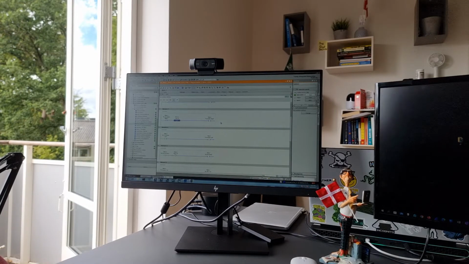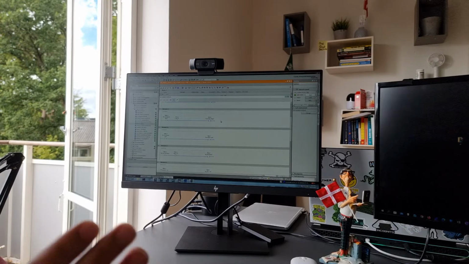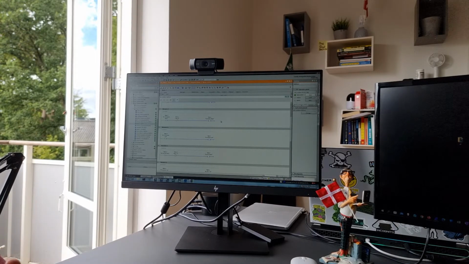So this is one example of what could happen if an attacker can reach your industrial control system engineering station and manipulate the logic within that engineering workstation.